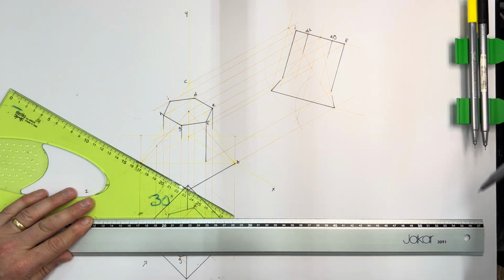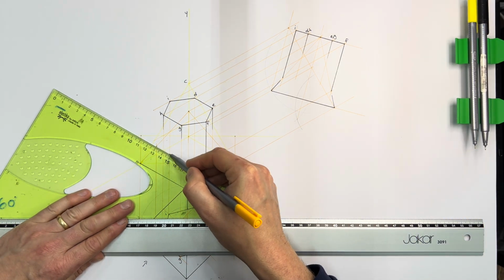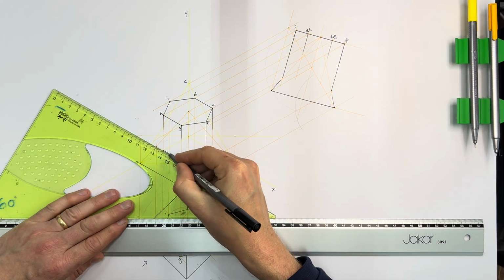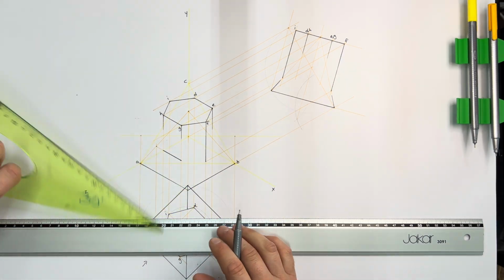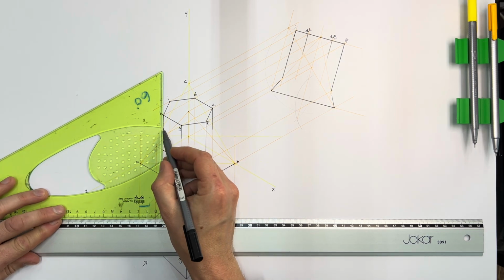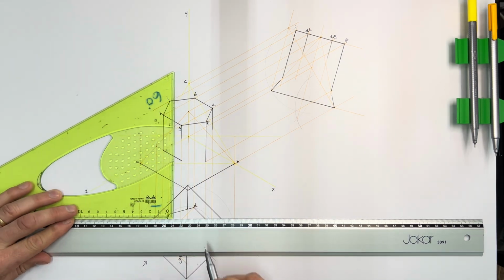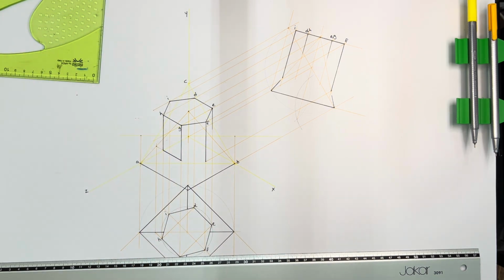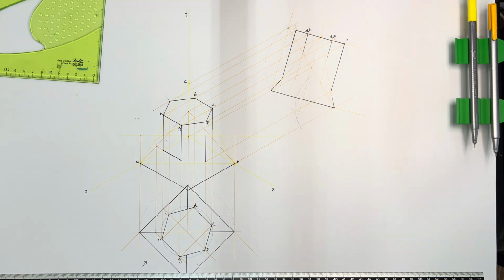So now if I just go at a 30-degree angle from the height that I already have them at, now I have the end points of both lines. So now I can harden in. H goes all the way down to its end point, and G goes all the way down to its end point. So now there's that surface complete. Okay, all because of the simple rule, the parallel lines are parallel in every view.